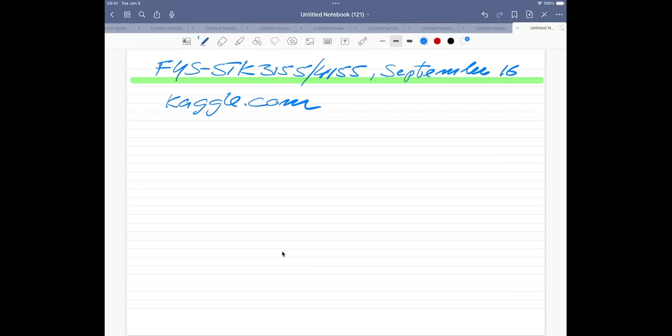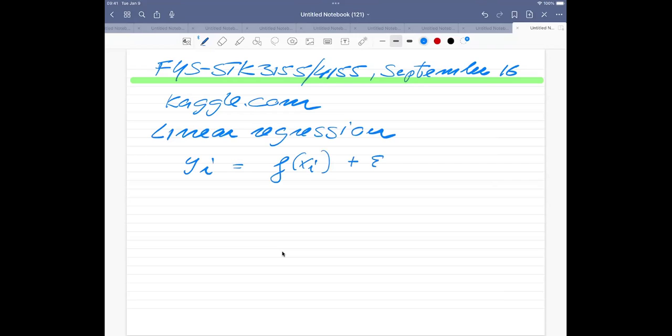But let's take a look now at what we have done before. In linear regression, the assumption we made about the data was that y_i is given by a continuous function plus some normally distributed noise. Let me just remind you of things you've seen many times before. This f(x) is assumed to be a continuous function.